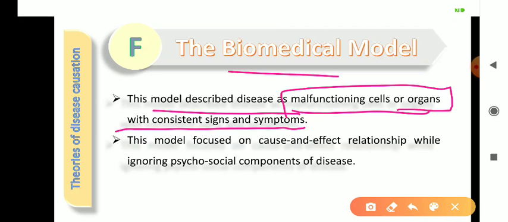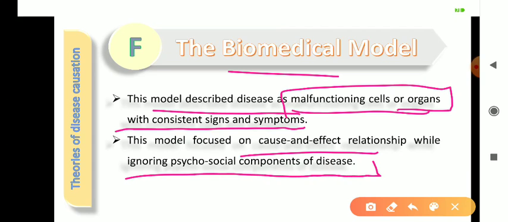This model focuses on the cause and effect relationship while ignoring the psychosocial component of the disease. It only states that when the cells and organs in our body malfunction, disease occurs and signs and symptoms occur.